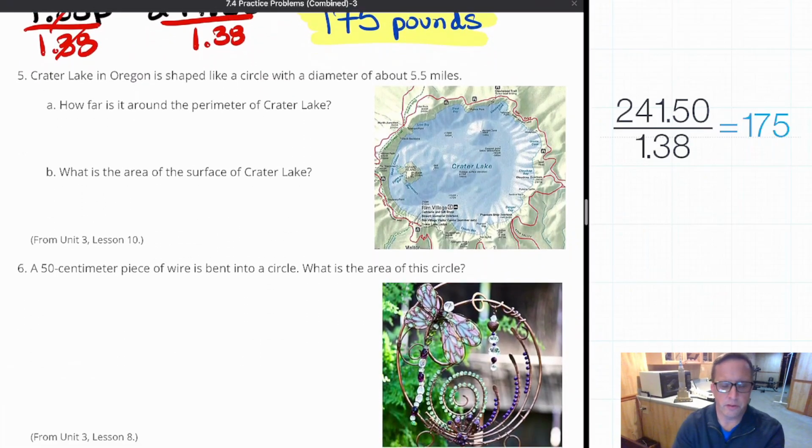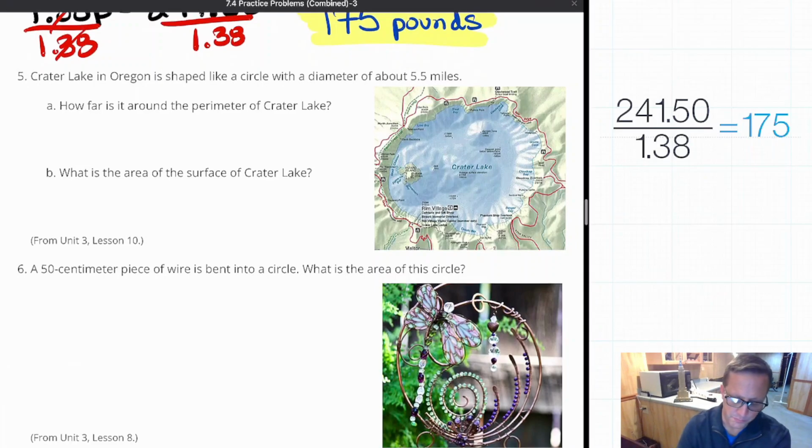All right. Number 5, Crater Lake in Oregon. I probably said that wrong if you're from Oregon. If Crater Lake in Oregon is shaped like a circle with a diameter of about 5.5 miles, how far is it around the perimeter of Crater Lake?